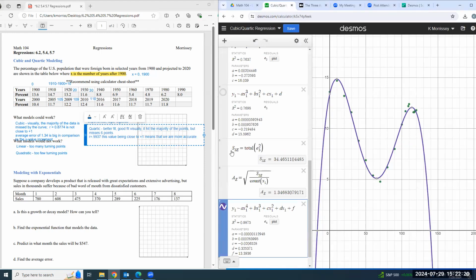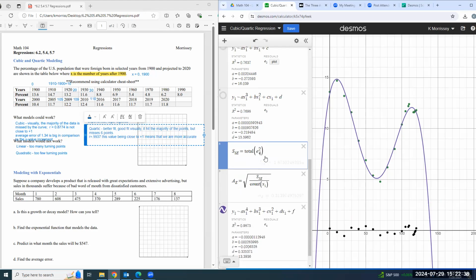Now, when we go to find your average error, we need to switch your residuals. Our residuals are going to be in E4, and you'll notice that we want these black dots to be as close to the x-axis as possible.